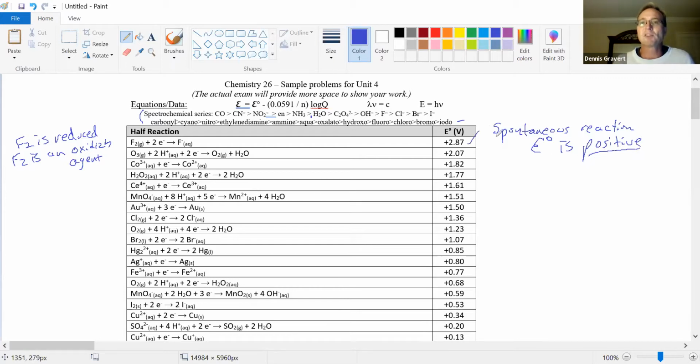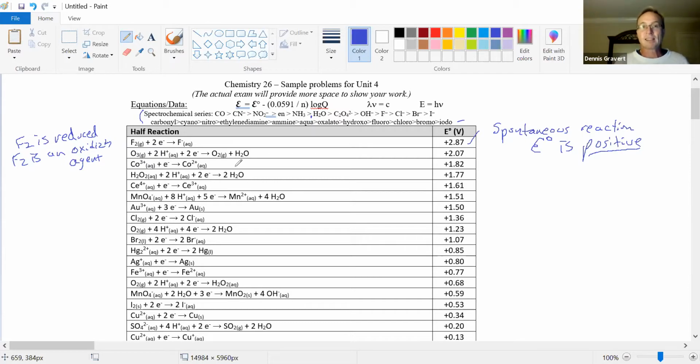And it's the most positive one, which means it's the most spontaneous. It's strong. So this is a scale, like down here at 0.2, it's just barely above 0. It's a little bit positive. It's definitely spontaneous, but it doesn't have a lot of oomph, a lot of strength, a lot of drive behind it. But this is the largest voltage. It's the most spontaneous. It's the strongest. It's actually the strongest oxidizing agent on this chart.